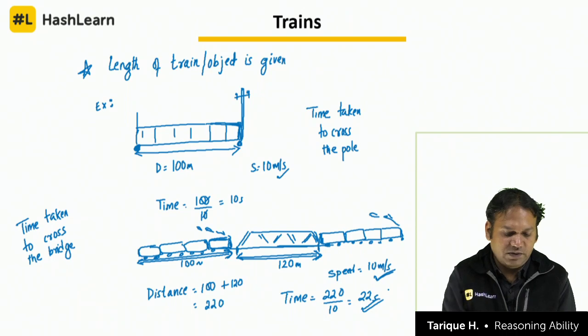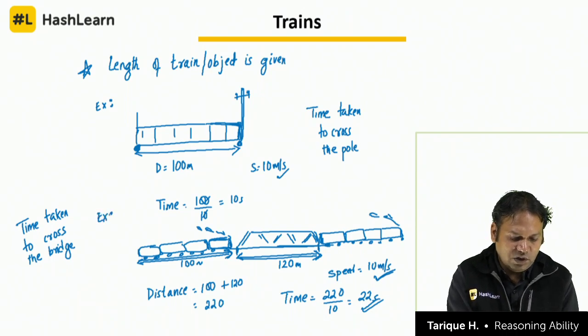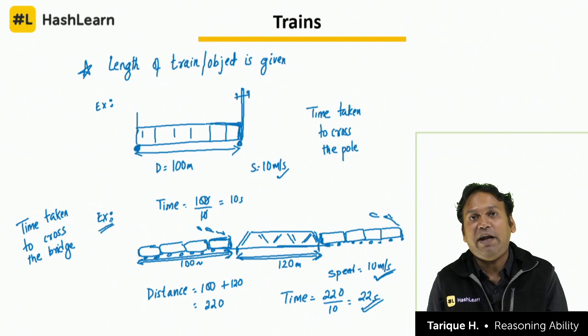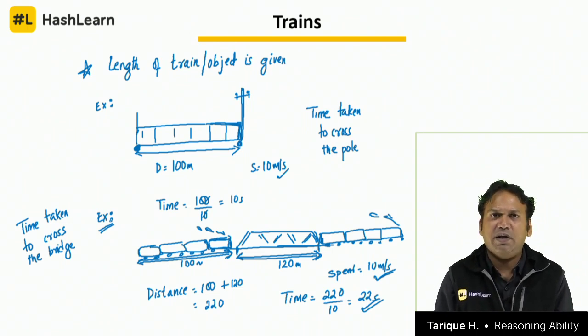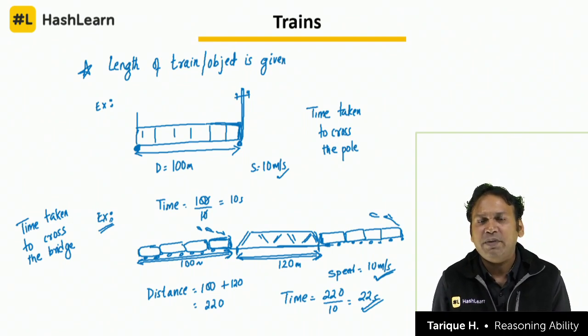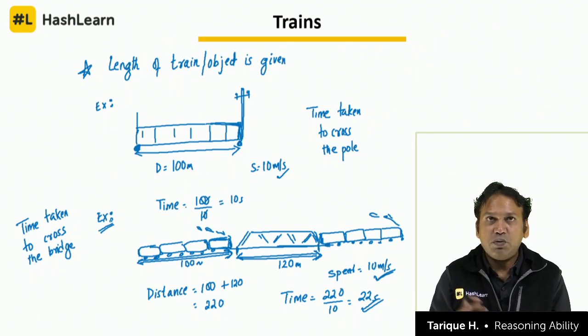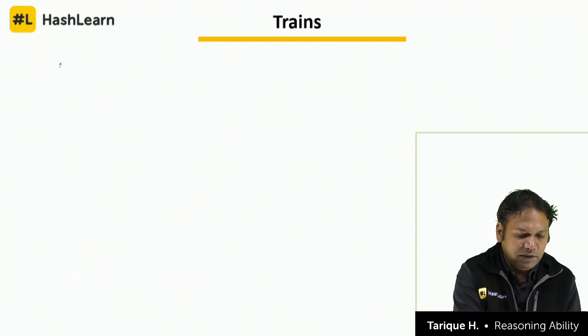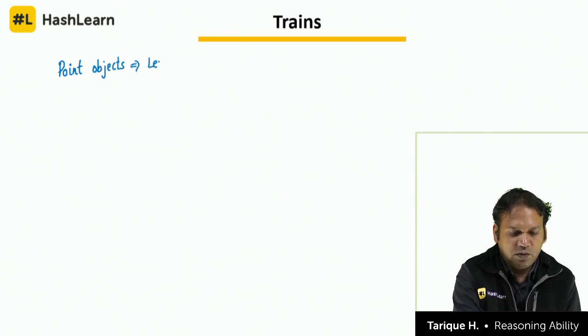So, two examples we have seen. One when the train was crossing an electric pole, and one when the train was crossing a railway bridge. It could be a railway tunnel, a platform, or another train also, anything which has length. Two things we have seen here. One is that there are some objects which are point objects, and point objects have length 0.